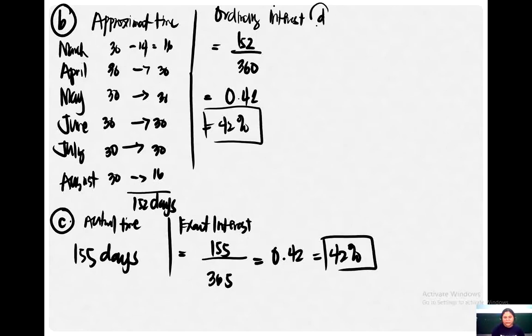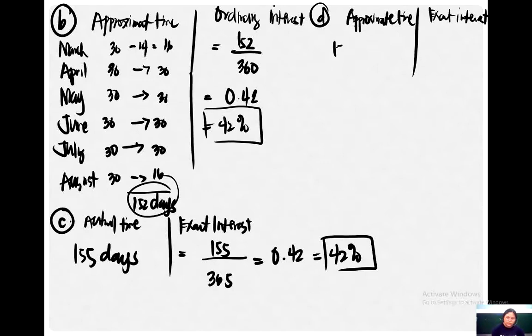Now let's find letter D. Letter D, we are going to use the approximate time and the exact interest. So for the approximate time, here we have 152 days. To get the exact interest, we have 152 days all over 365.